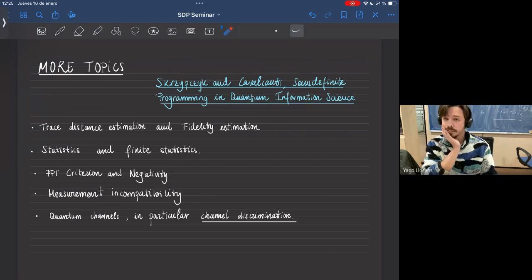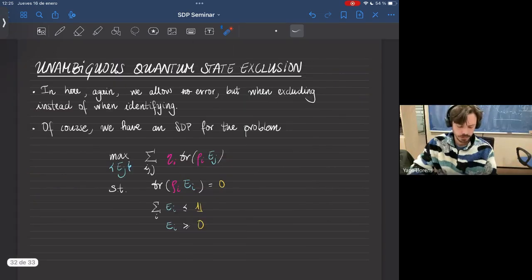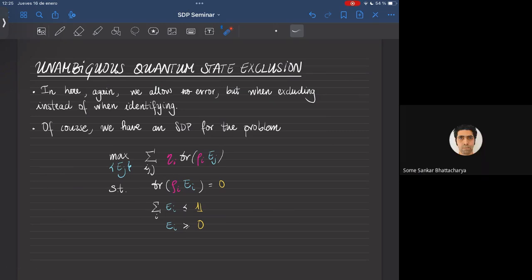Santiago, you said that for the state exclusion, can you go back to the state exclusion slide? Which one, the unambiguous or minimum error? The minimum error.